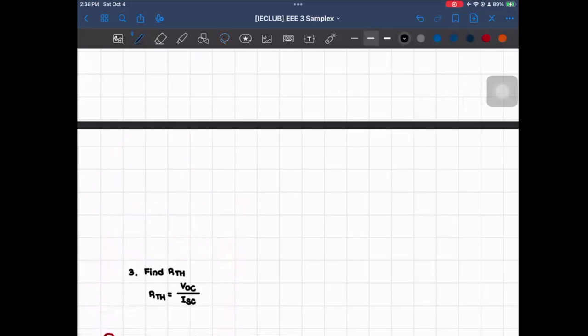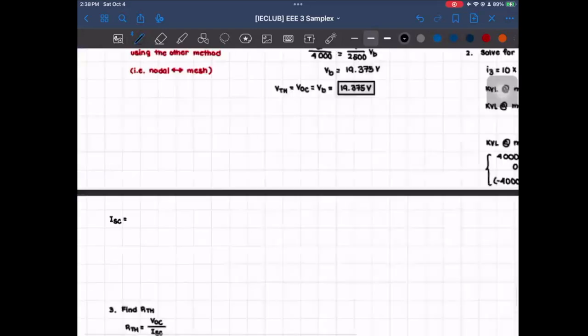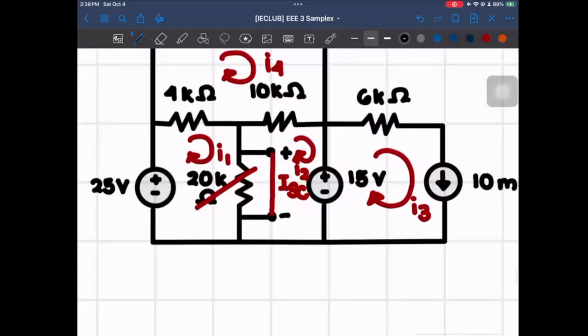With that, we could actually determine ISC by looking back at our circuit again. And so ISC here, we'll give it a direction of going downward since it's positive to negative. And we could treat it similar to a supermesh.